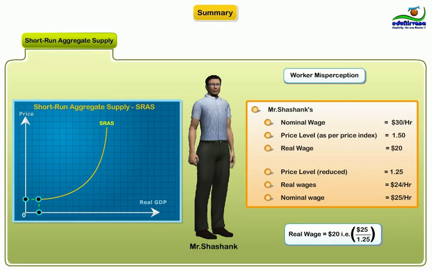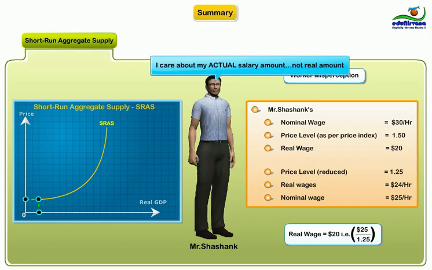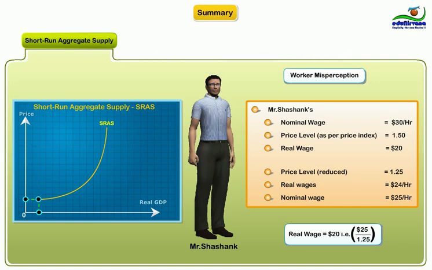Worker misperceptions. It was discussed that workers benchmark their willingness to work based on nominal wages and not real wages. In cases of price changes, this may result in misperceptions and therefore a lowering in the supply of labor. This impacts the aggregate supply.